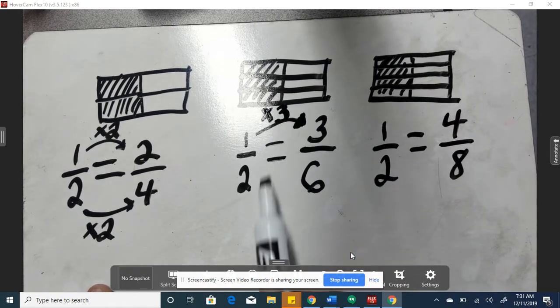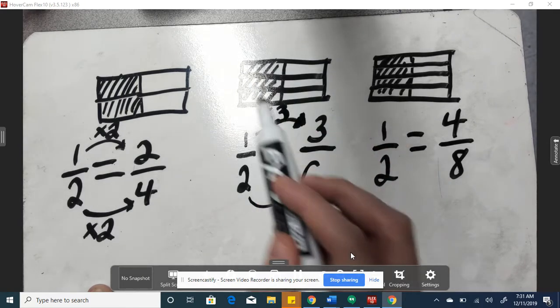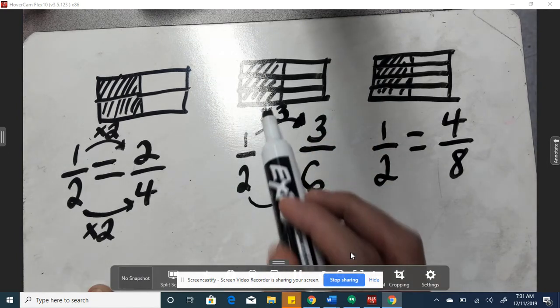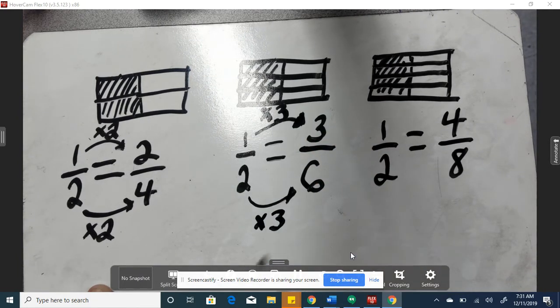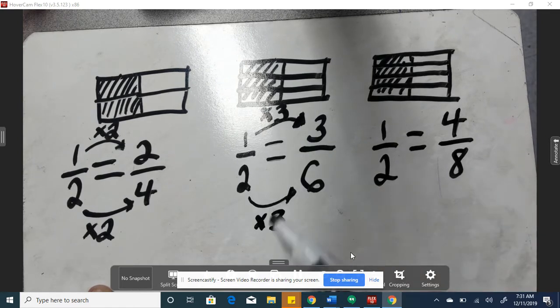Let's see if we multiply by 3 on the bottom, we'll get 6. So we started with 2 pieces total. We now have a total of 6 pieces. 2 times 3 equals 6. So once again, we can see the pattern works, where we multiply the numerator and the denominator by the same number.